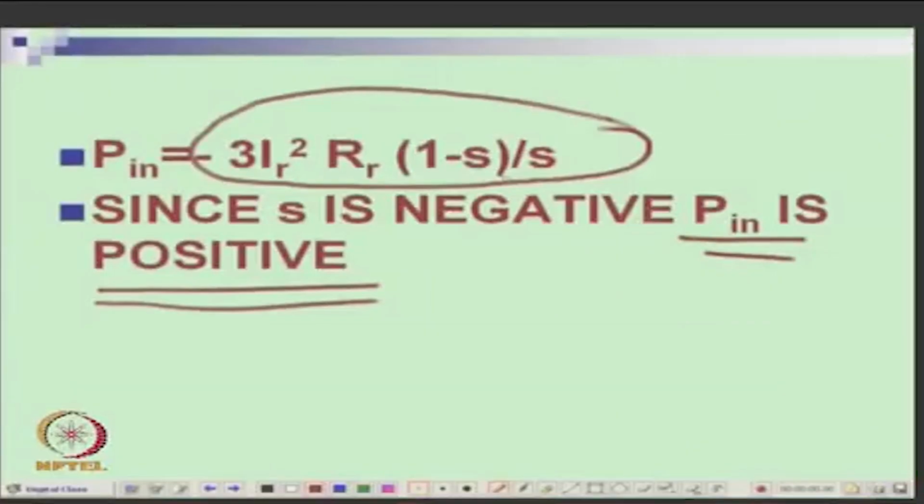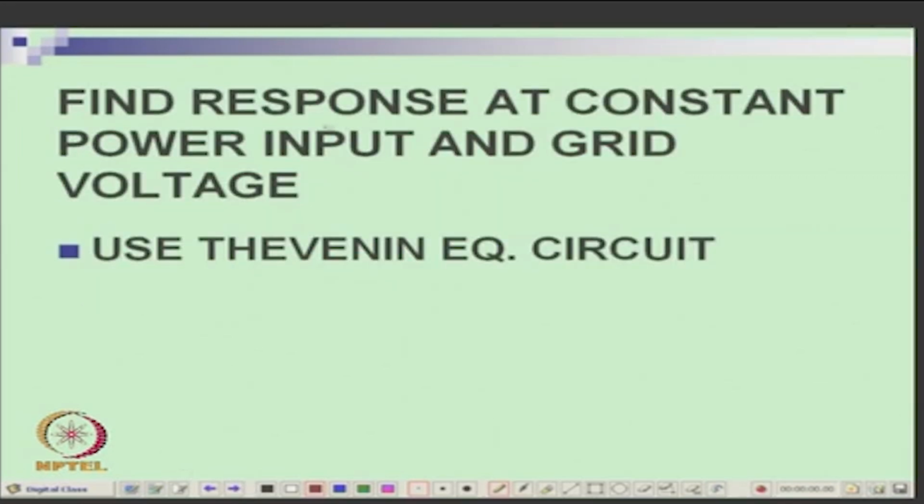I have put say 500 kilowatt, 600 kilowatt. As the wind speed changes, this goes on changing, but you should know what the slip and the current are. You do not know what IR is, you neither know what S is. So, how do you find that? These are two unknowns. So, you must find the response at constant power, because this is all you know.